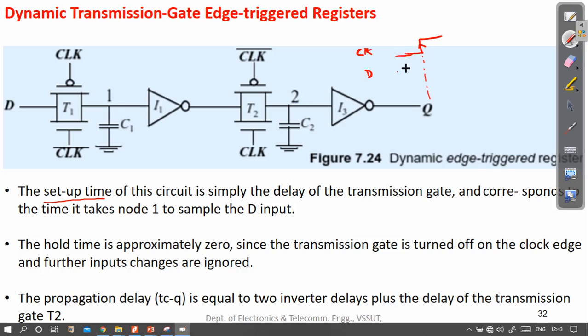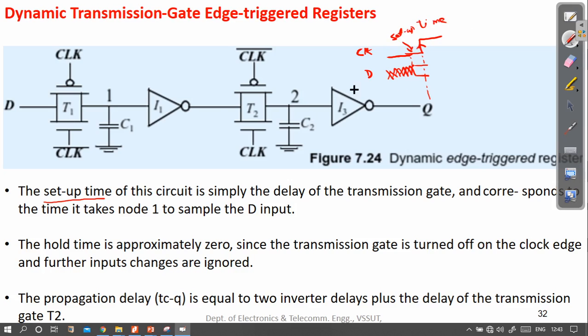If it is D, whatever value, stable data should be available just before the actual capturing of the signal at the rising edge. This requirement was due to the setup time constraint.